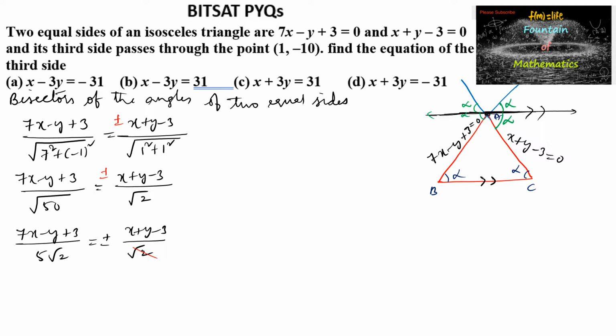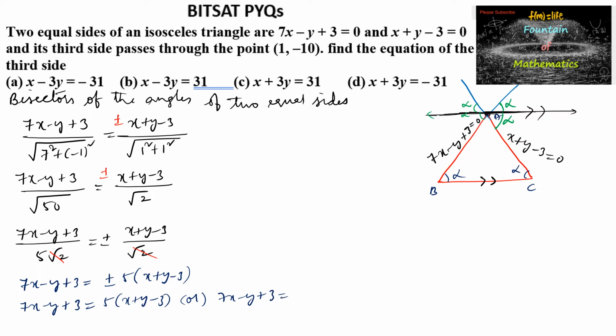So we can cancel root 2, and doing cross multiplication, 7x minus y plus 3 is equal to plus or minus 5 times (x plus y minus 3). That is, 7x minus y plus 3 is equal to, if I take plus, 5 times (x plus y minus 3), or 7x minus y plus 3 is equal to negative 5 times (x plus y minus 3).